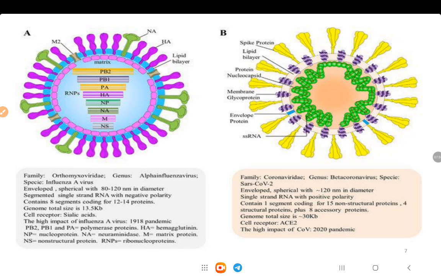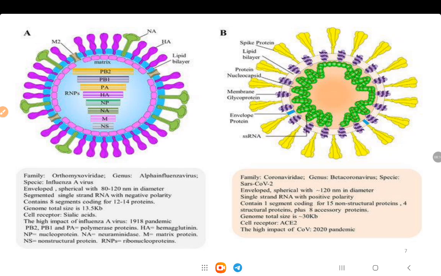Both of them are enveloped RNA viruses, but influenza has a segmented negative-sense RNA genome with 8 segments, while SARS-CoV-2 has a single positive-sense RNA.